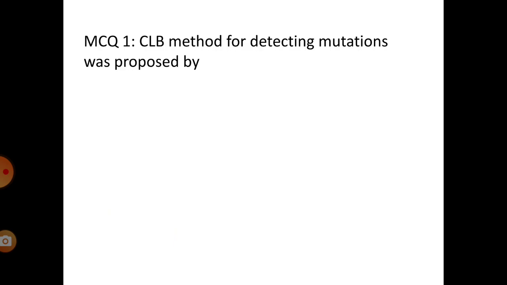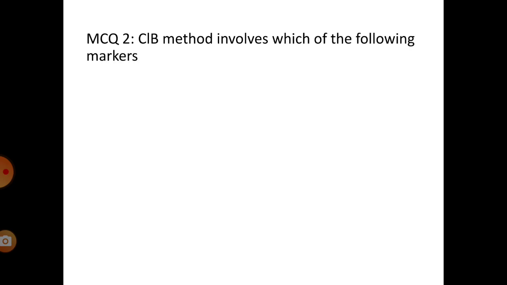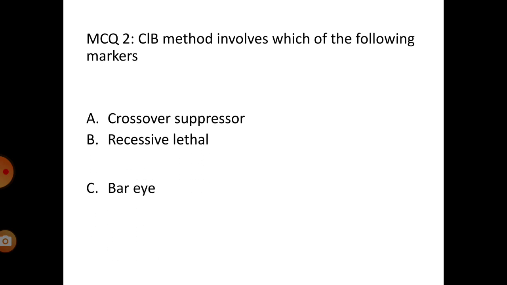Assessment question 1. The CIB method for detecting mutations was proposed by Muller, Galton, Morgan, or Gerard. The answer is A, that is Muller. Assessment question 2. The CIB method involves which of the following markers? Crossover suppressor, recessive lethal, bar eye, all the above.